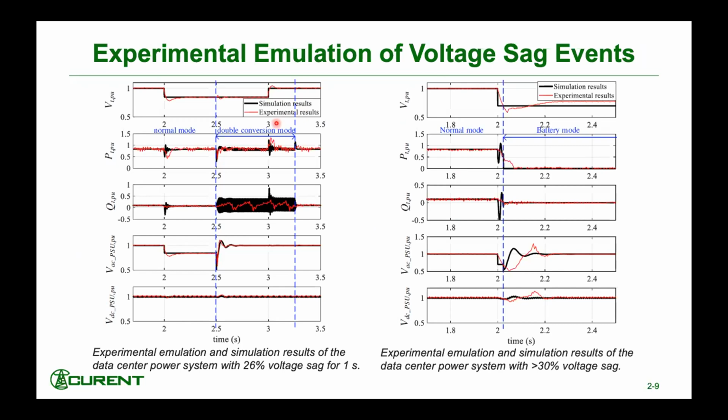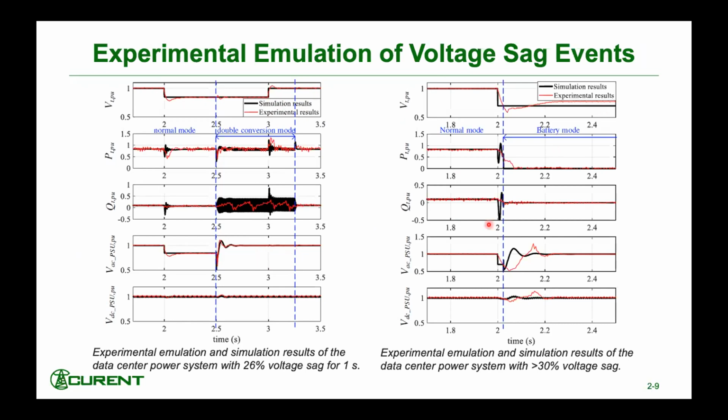Actually, the experimental result is more realistic because the grid voltage gradually drops or increases instead of a sharp change in the ideal simulation. But overall, the waveforms between the experiment and the simulation are consistent, which verifies the accuracy of the power emulator.